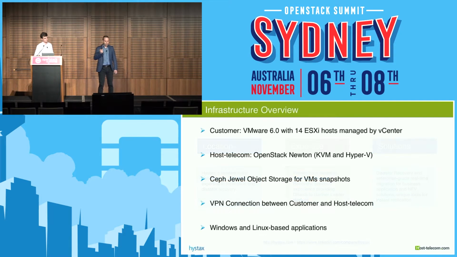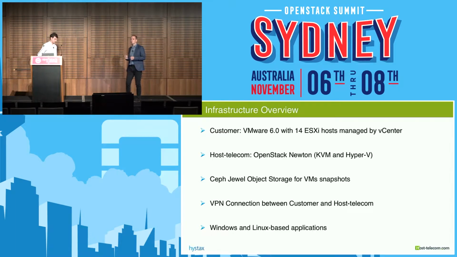Jumping back to this case, what Seva just mentioned: we had a customer with VMware 6.0 with 14 ESXi hosts and both Linux and Windows workloads. For Linux, it was Ubuntu and Red Hat.